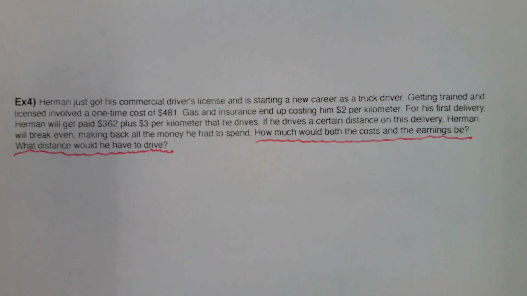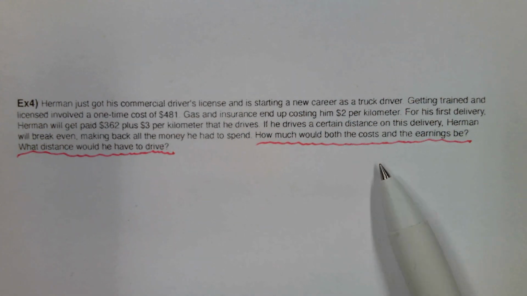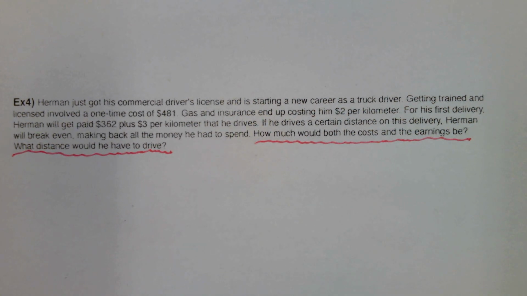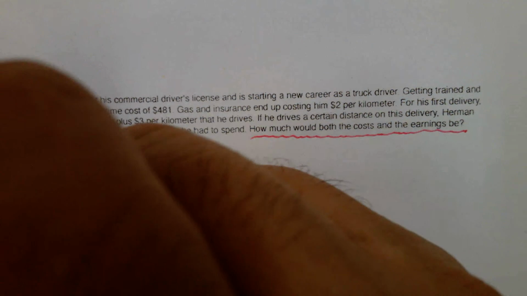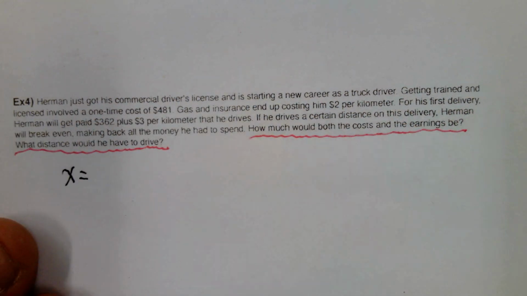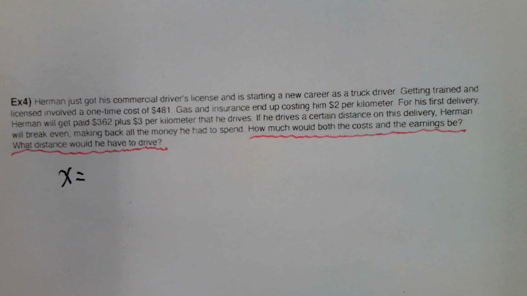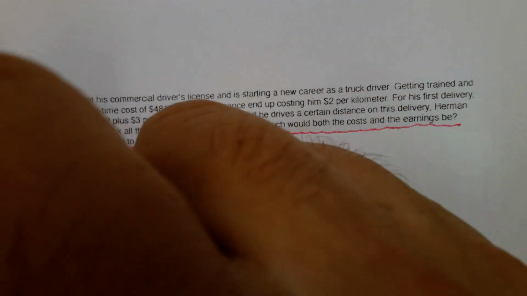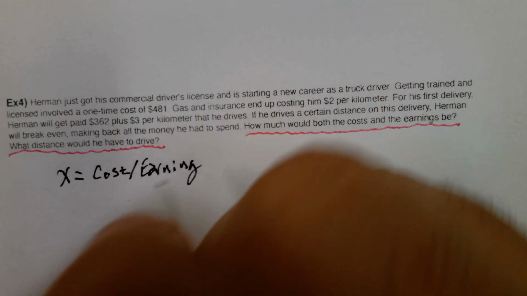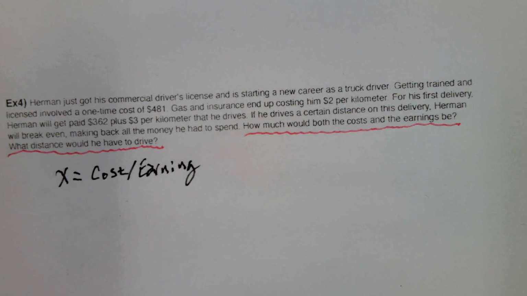So we have two things. We have his cost and earnings, how much he paid out and how much he's making, right? So let's make that X. X is going to be the cost or earning for driving.